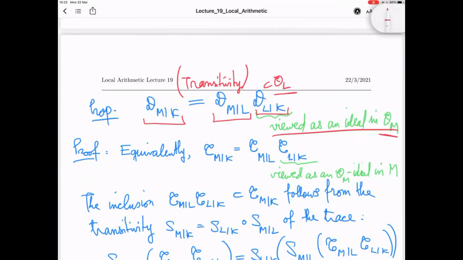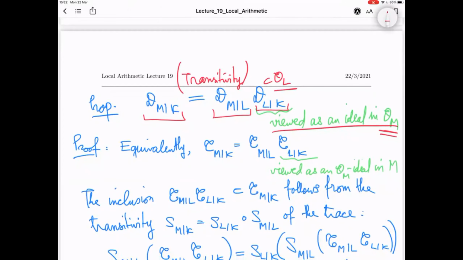You take a generator of that ideal as an OL ideal and let it generate an ideal inside OM. For example, this we have already seen. Recall that if I take the ideal PK and let it generate an ideal in OL, then what I get is PL to the exponent e of L over K, more or less by definition.